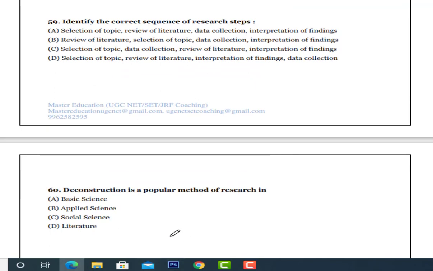The next one: identify the correct sequence of research steps. The first one is selection of topic. Then we go for review of literature. Then we do data collection, and then we interpret the findings.